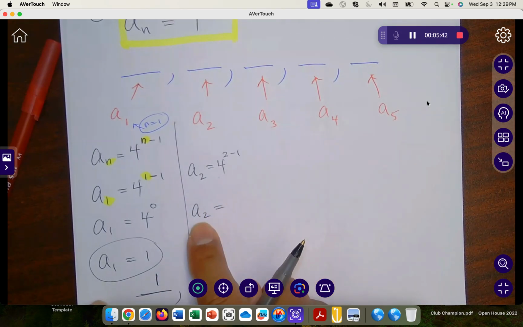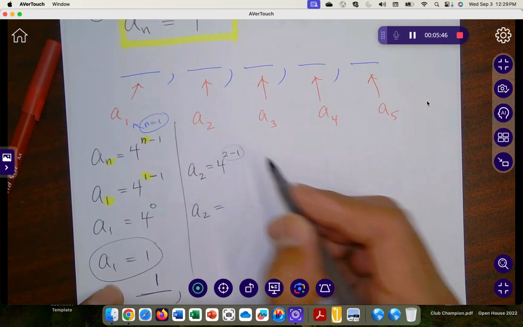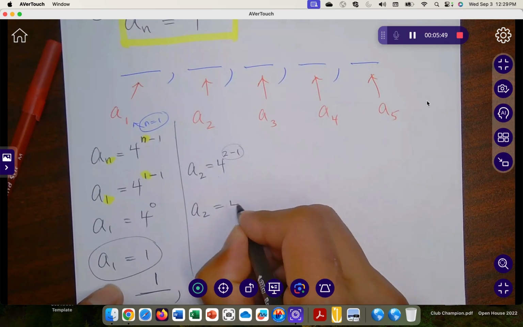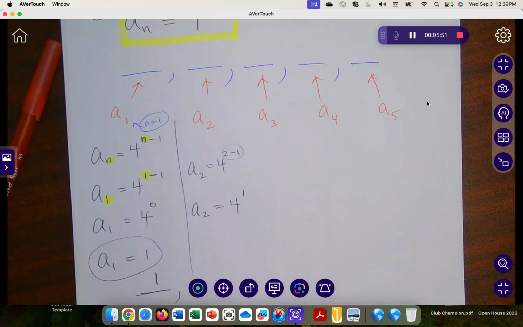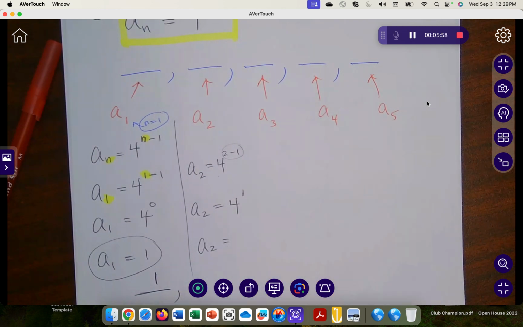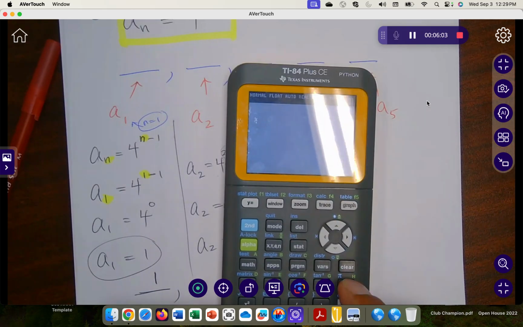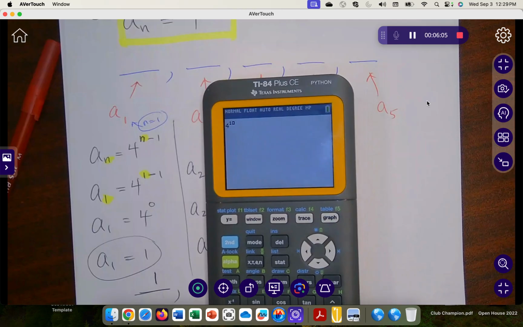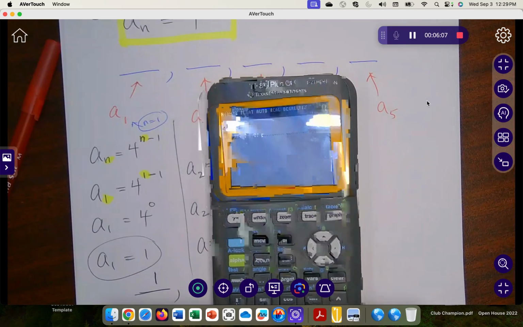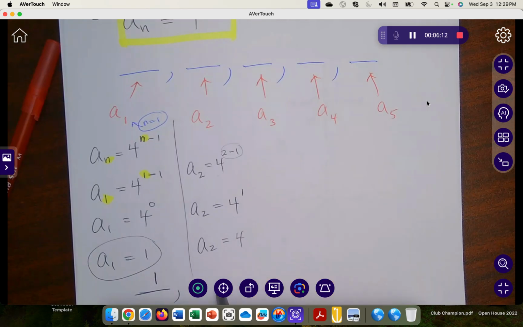You don't do anything to this side. You just do the work over here on this side. Well, 2 take away 1 is 4 to the power of 1. 4 to the power of 1 is 4, right? Did you guys check that? If you don't know, just check 4 to the power of 1 on your calculator. Enter 4. Okay, that's the second term. 4.